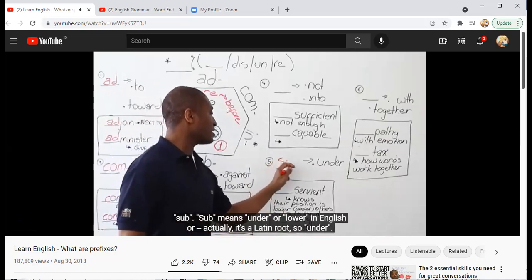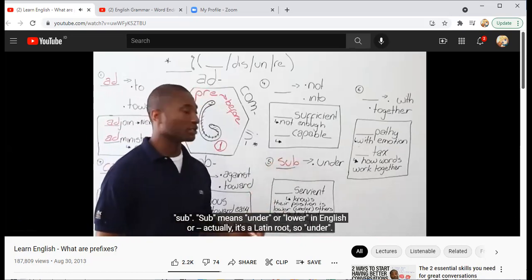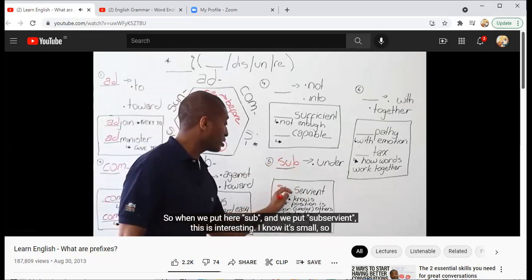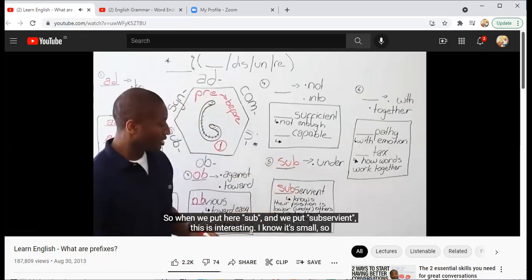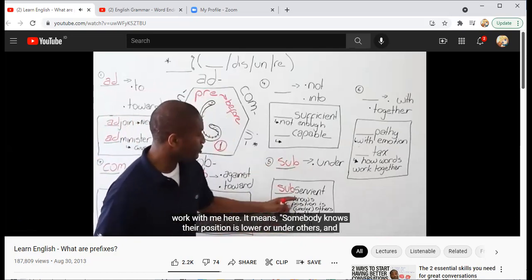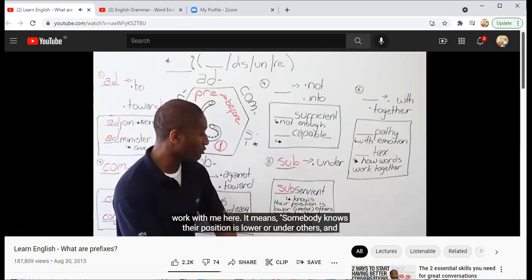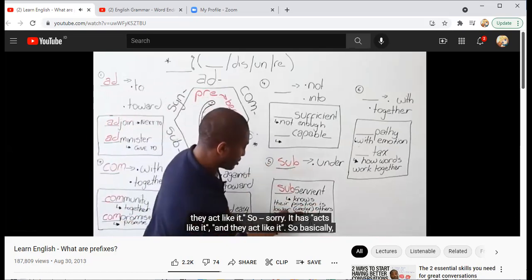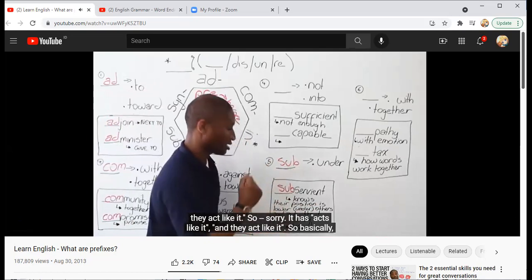It's sub. Sub means under or lower in English. So we put here sub, we put subservient. This is interesting. It means somebody knows their position is lower or under others, and they act like it.